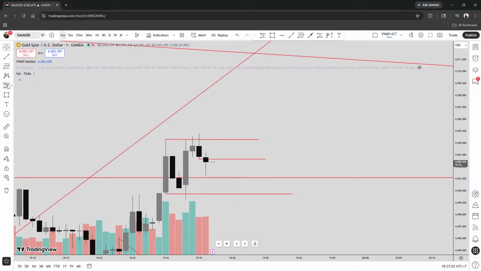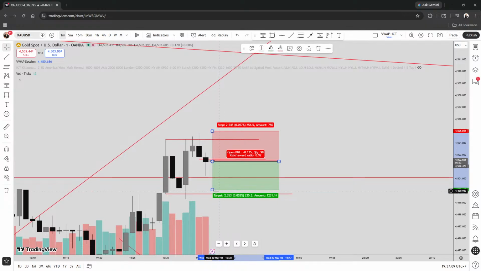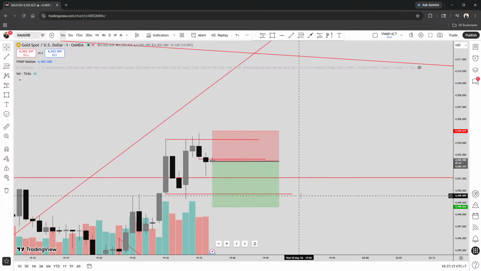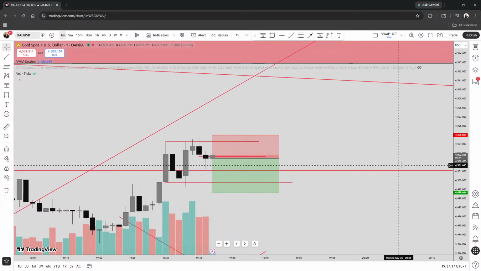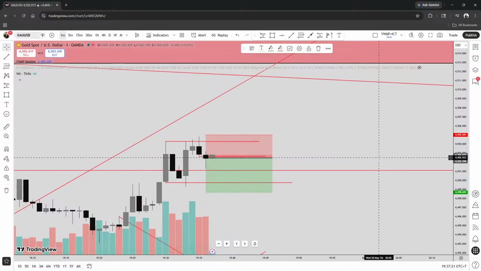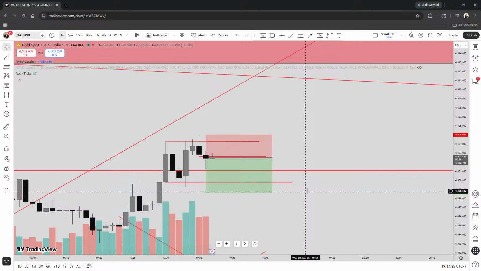Okay, there's a close below this level, so we can enter here, stop loss here, and then target a 1.5 risk reward ratio here. That's the strategy. Very simple.